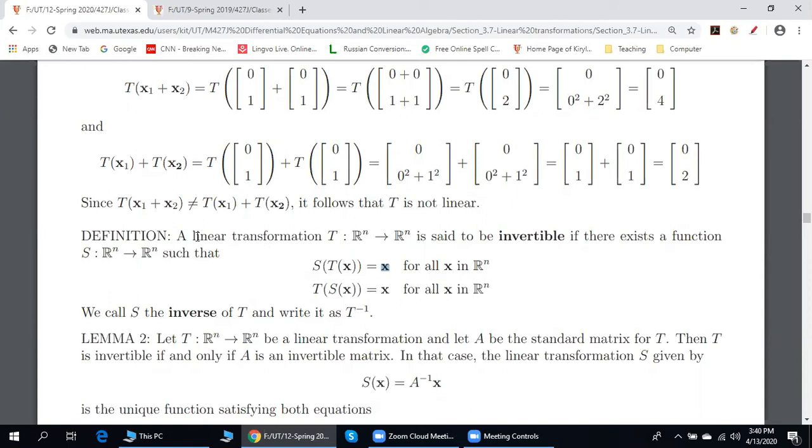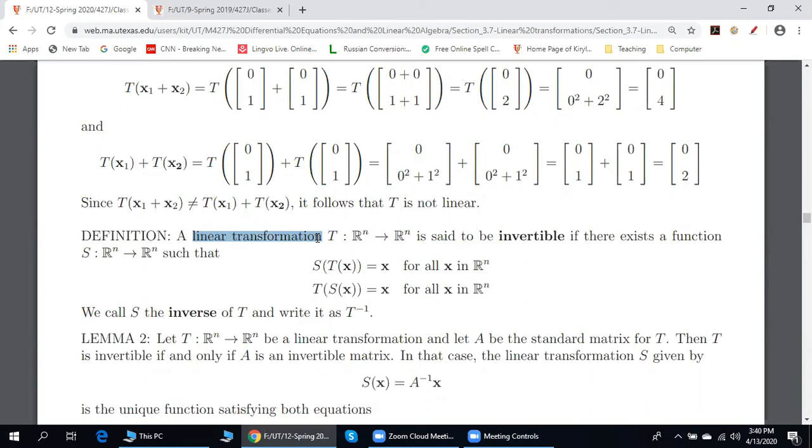Exactly. Once again, we start with a linear transformation. Note that by theorem 10, any linear transformation can be written as A times x.